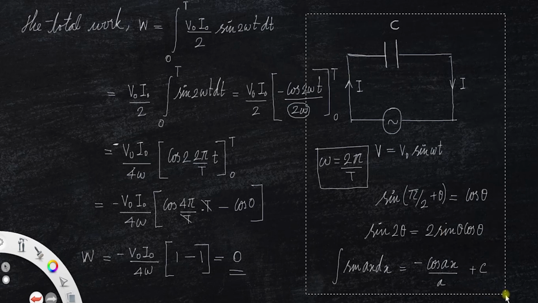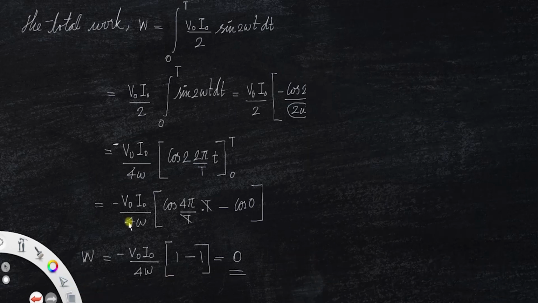Now to get the power, we have the total power or the average power. P average is actually the total work divided by the total time taken. Here the total work is 0, so 0 by T will make the average power 0.